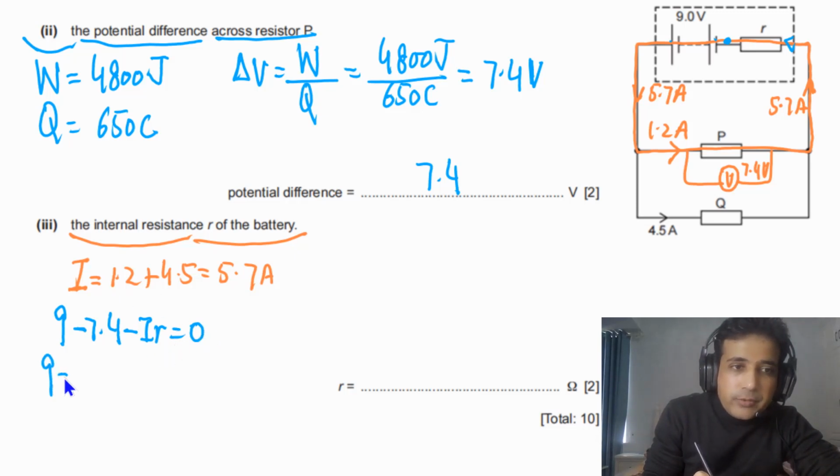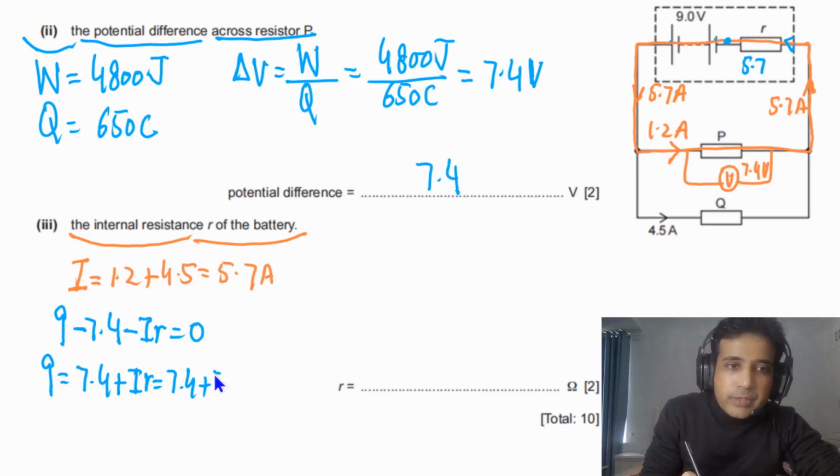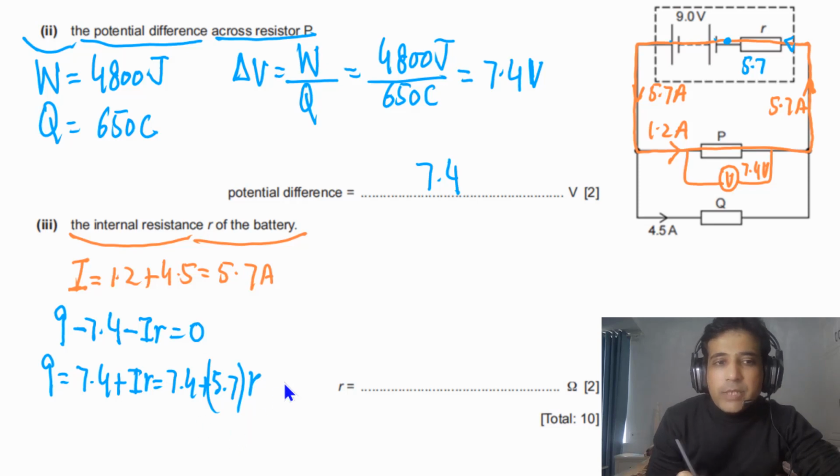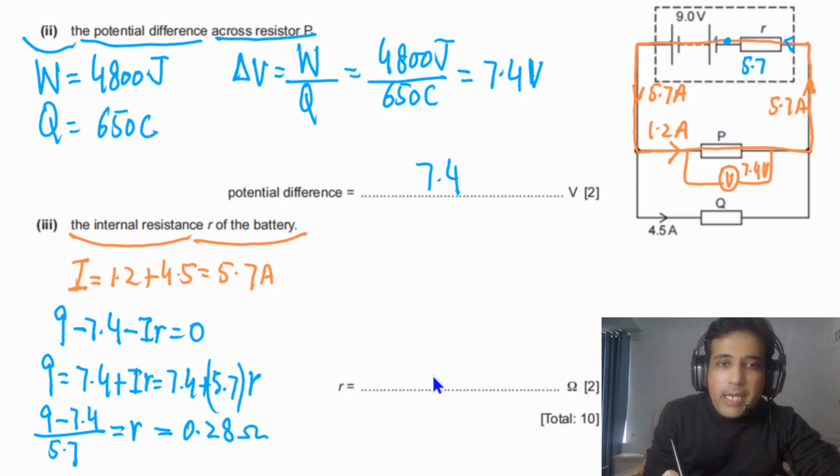Now we can rearrange. We can say 9 will be equal to 7.4 plus I times R. The value of current passing through this resistor is 5.7, so we can replace I with 5.7, and here we have R. So we need to calculate R. Simply write 9 minus 7.4 divided by 5.7, and this is the value of R. So R in this case will be equal to 0.28 ohms, and this is our final answer.